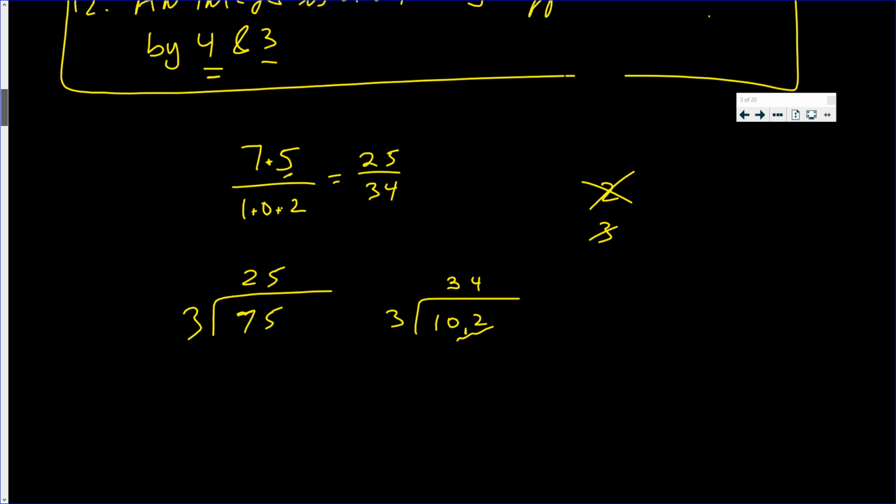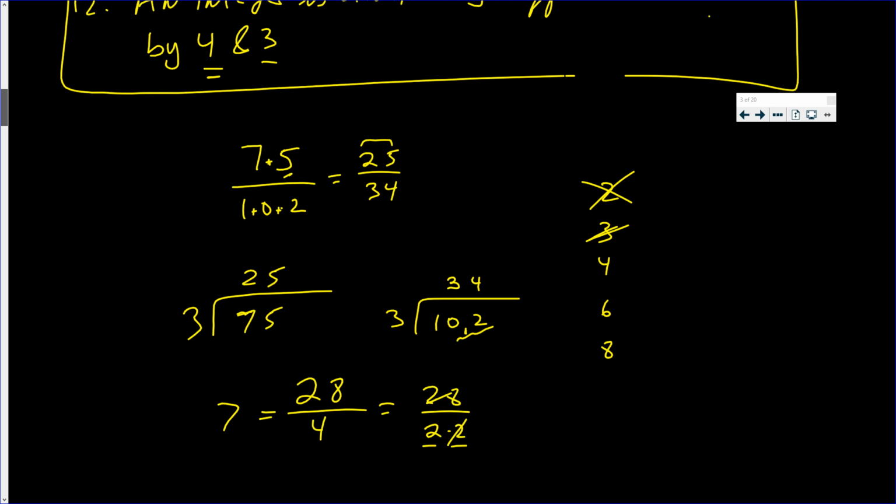If you add up the digits here, you get 7. So 3 is not going to work. And for the record, 4 or 6 or 8 won't work. Because if 4 goes into a number, then 2 goes into a number. If you have 28, 4 goes in here 7 times. But 4 is 2 times 2. This has to go in.